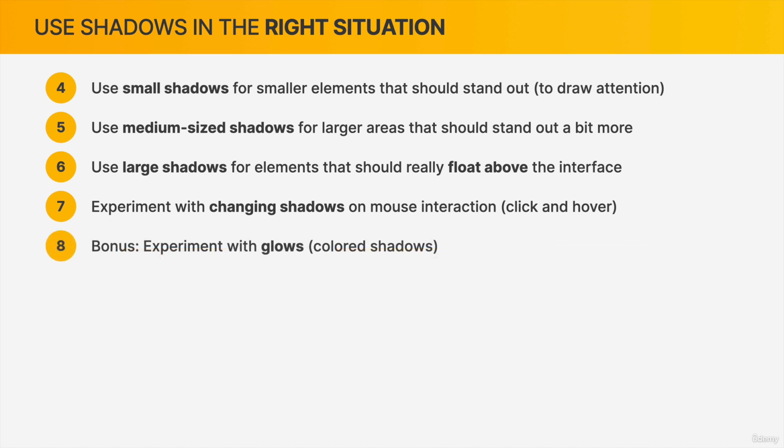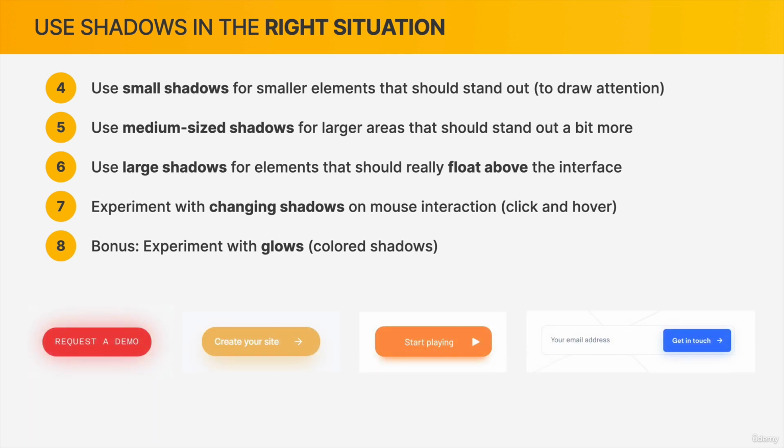Now, finally, let me give you a bonus here, which is that you can also experiment with something that I call glows, which basically are colored shadows like this. So shadows don't always have to be black. If we give them a certain colored shadow, then they make the element kind of glow.